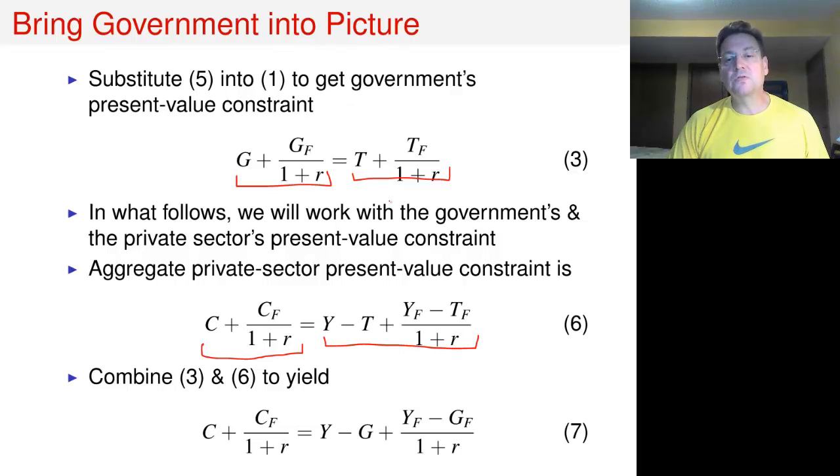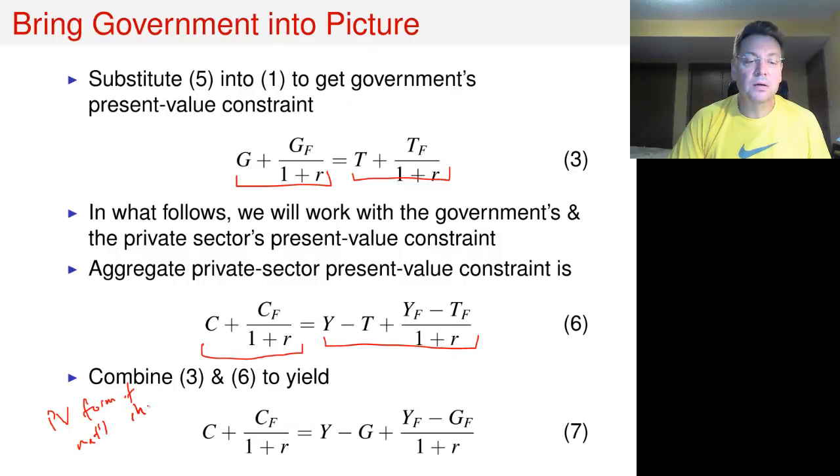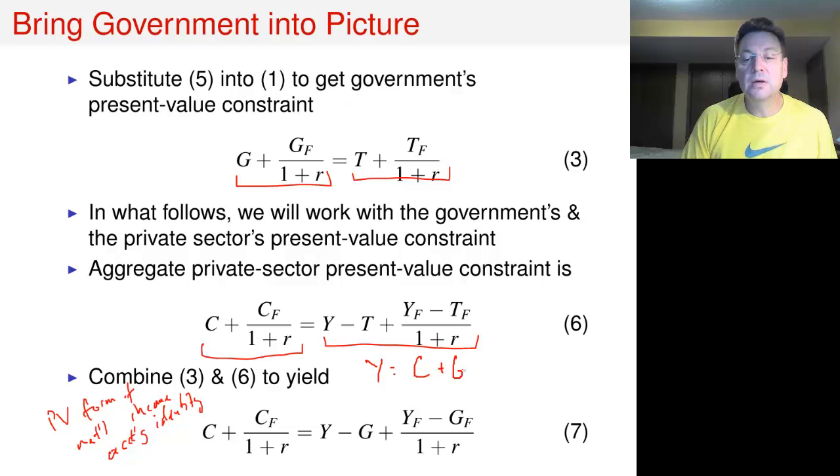But if you combine these two, so you use equation 3 to substitute for the present value of taxes in equation 6, what you get is the present value form of the national income accounting identity, which you have seen as y equals c plus g.